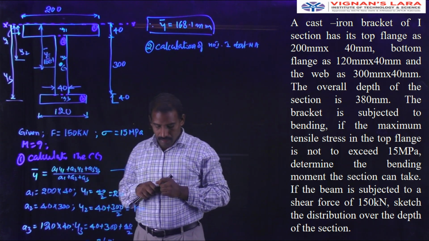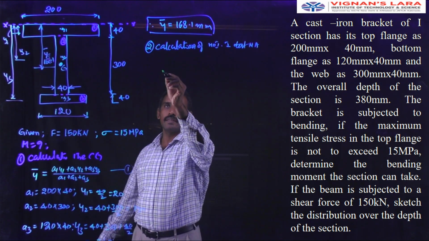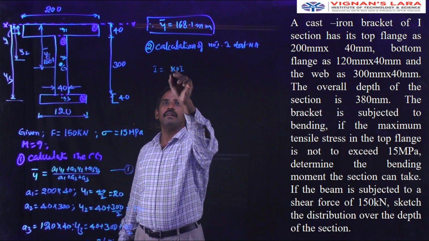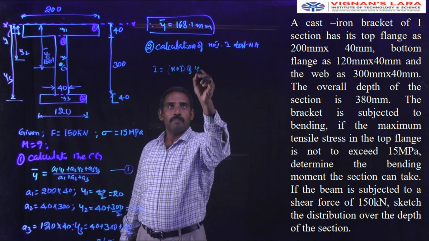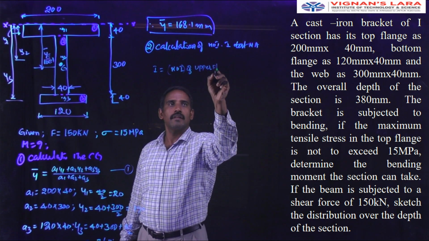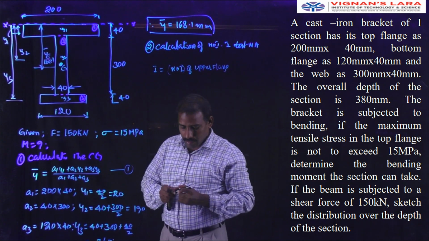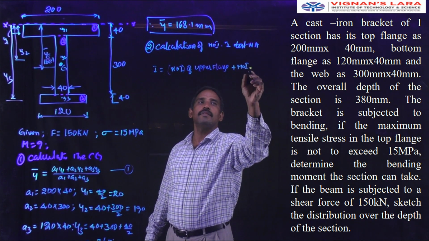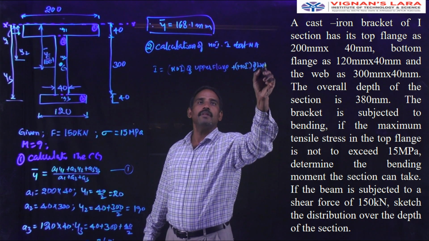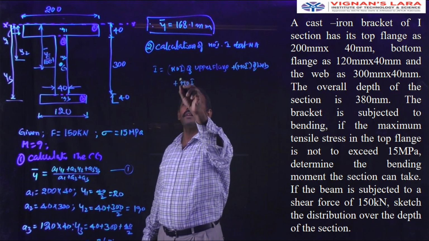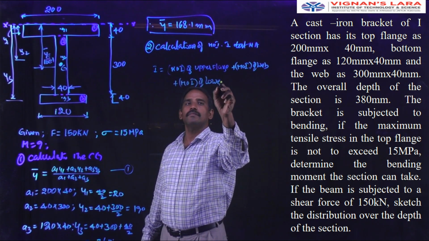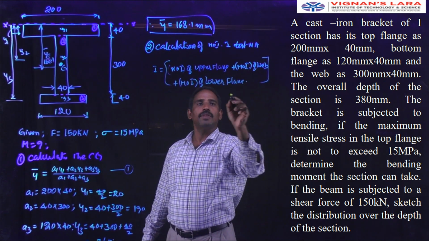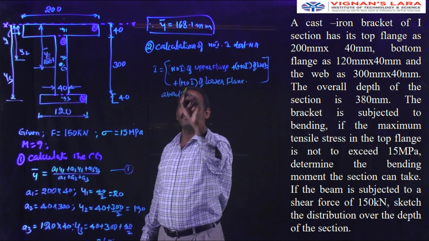As we know, the moment of inertia is equal to the moment of inertia of the upper flange plus the moment of inertia of the web plus the moment of inertia of the lower flange about the neutral axis.